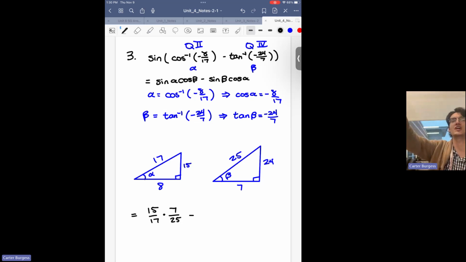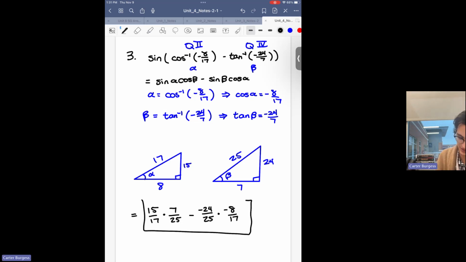You can do cosine of alpha, sine of beta if you want to, and you get the same thing. I'm doing sine of beta, cosine of alpha. We'll end up with the same thing. So I get negative 24/25 because we are in quadrant 4. And cosine of alpha, we actually already know this one. Negative 8/17. And I am perfectly happy with boxing that answer.